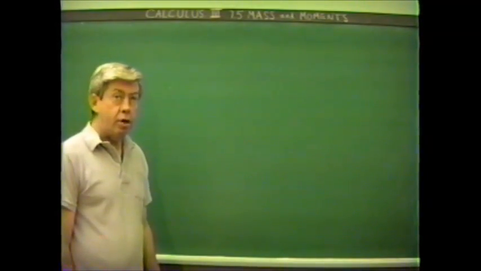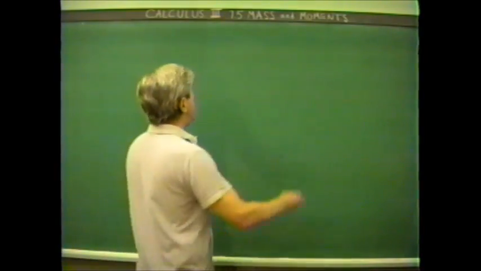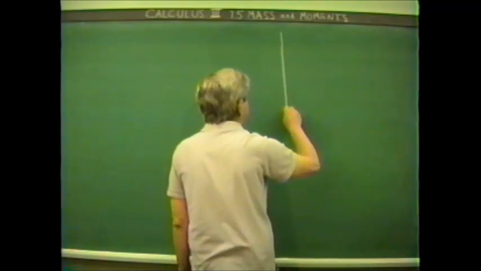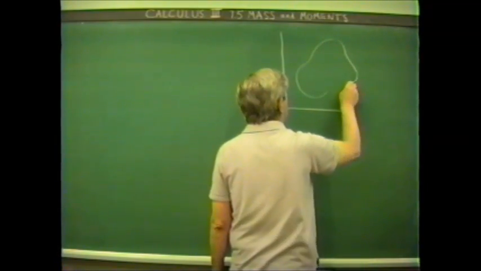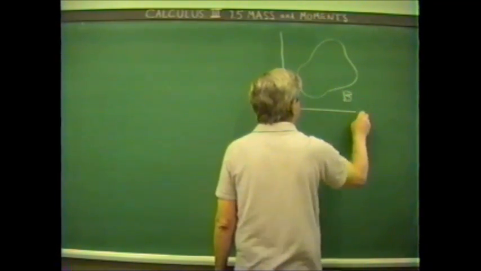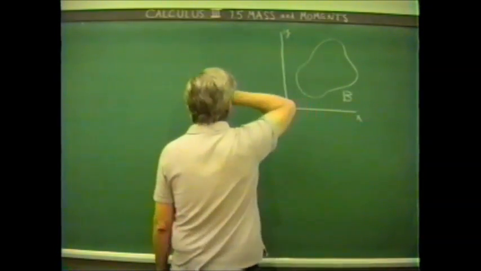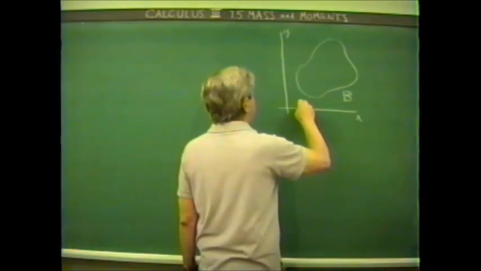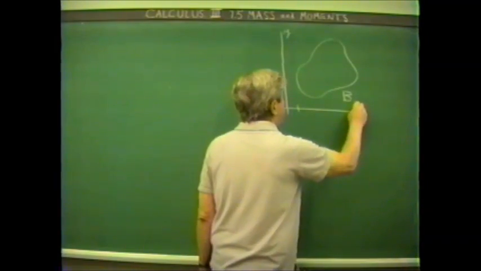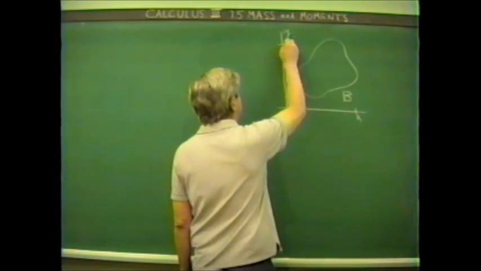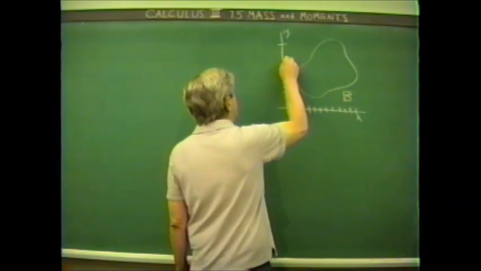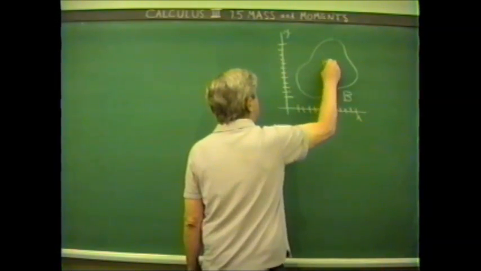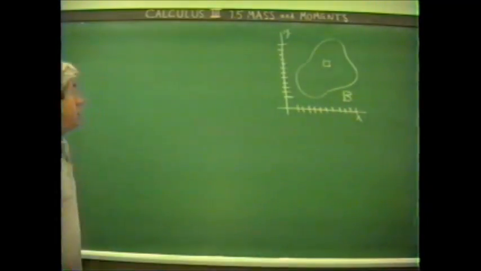These concepts actually occur both in physics and in statistics, and if you've got a region B, let's say, in the plane, and this goes between two values here in the x direction and two values in the y direction, in which case you partition this interval and this interval, resulting in small rectangles contained in B.